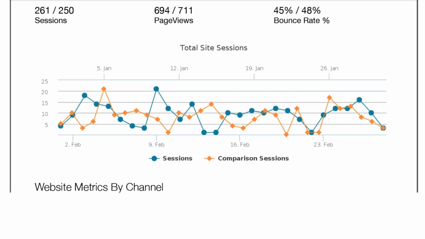Here's just a quick picture of metrics with respect to search engine optimization. It's kind of difficult to read out of context, but this really shows two different graphs. One, the number of times people went to a website in January versus February.